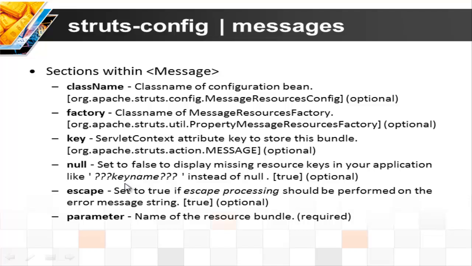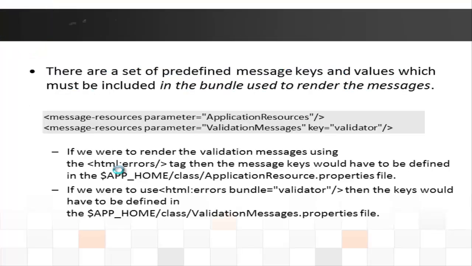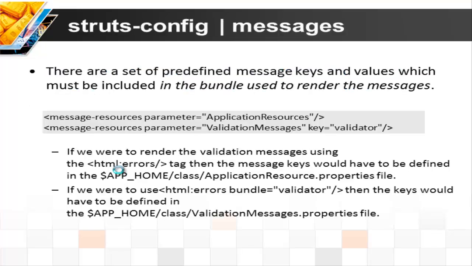So this is the highlight for them, saying that some key is missing. When you say null equal to true, that means you want to show null. If it is not, you are just saying to show that thing at least to the people who are testing your application. The next part, I think I discussed about this.